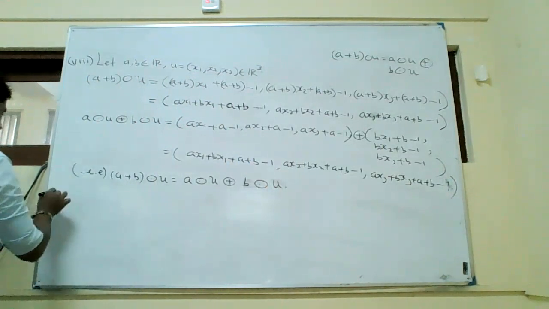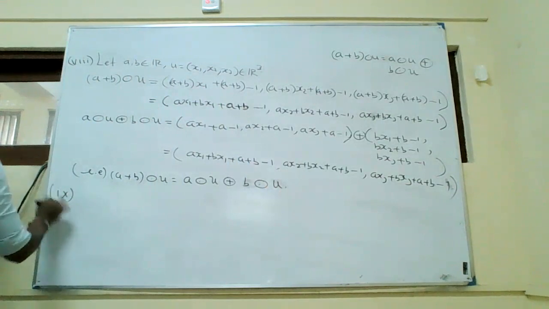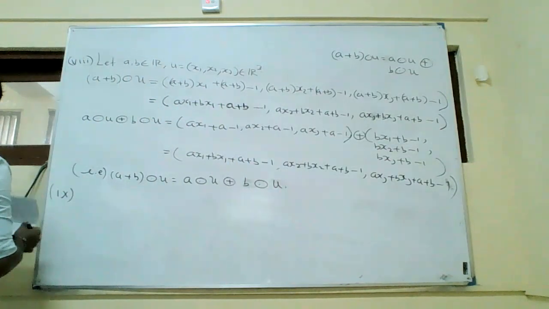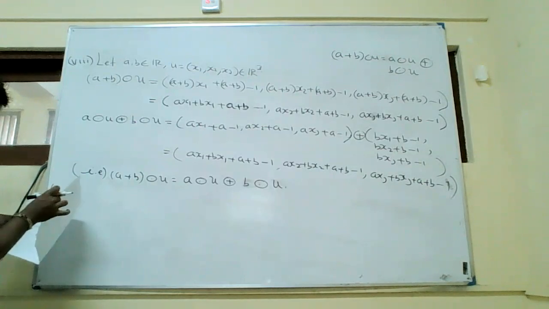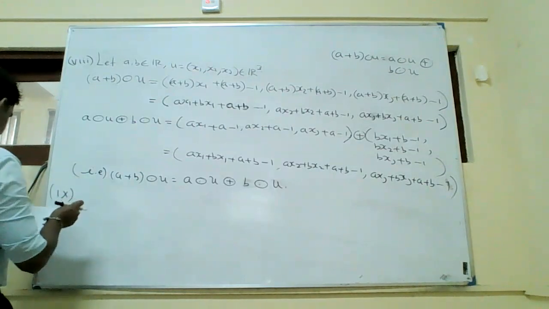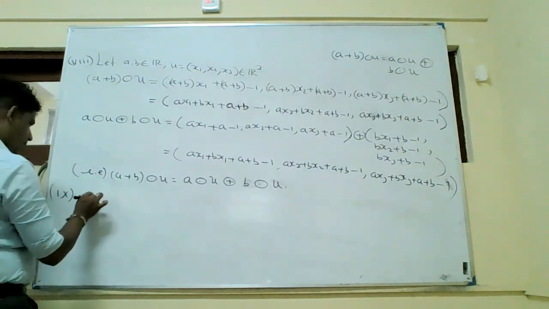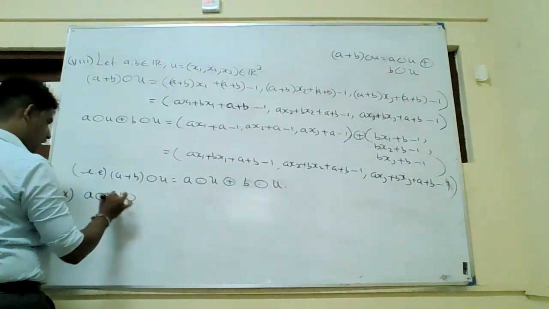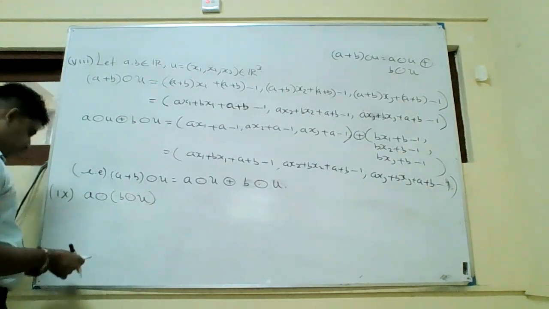Axiom number 9. You take a scalar multiplication of b, again scalar multiplication of the vector u.